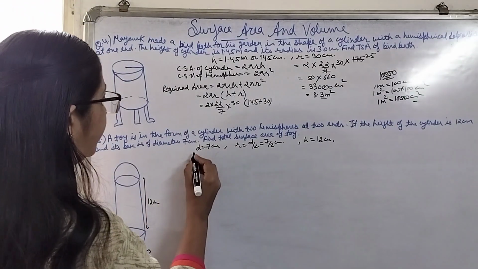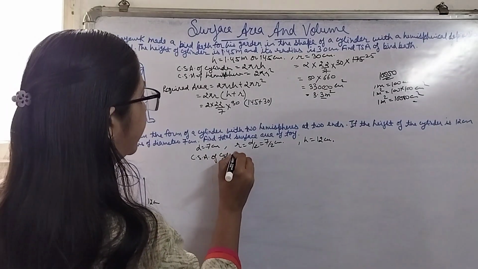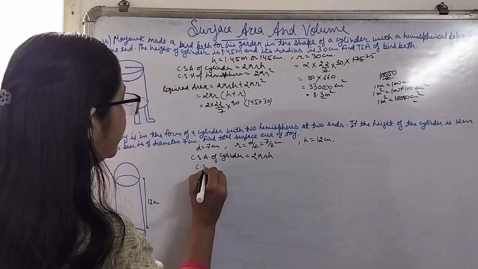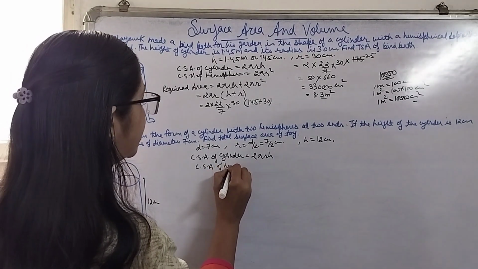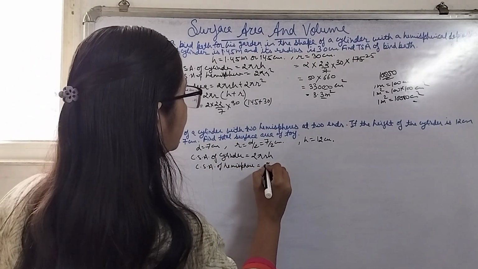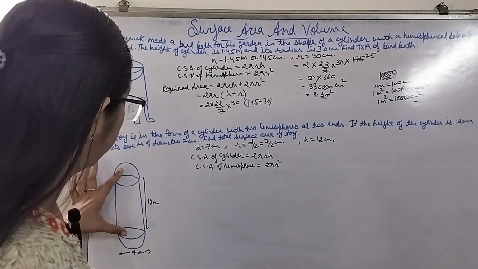So just now we have seen that the curved surface area of a cylinder is given by 2 pi r h, and the curved surface area of a hemisphere is given by 2 pi r square. Now see over here there are two hemispheres.